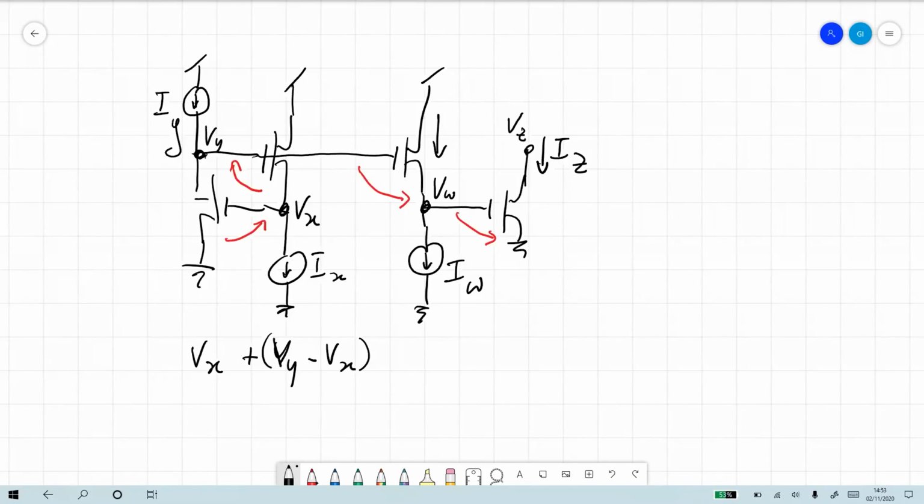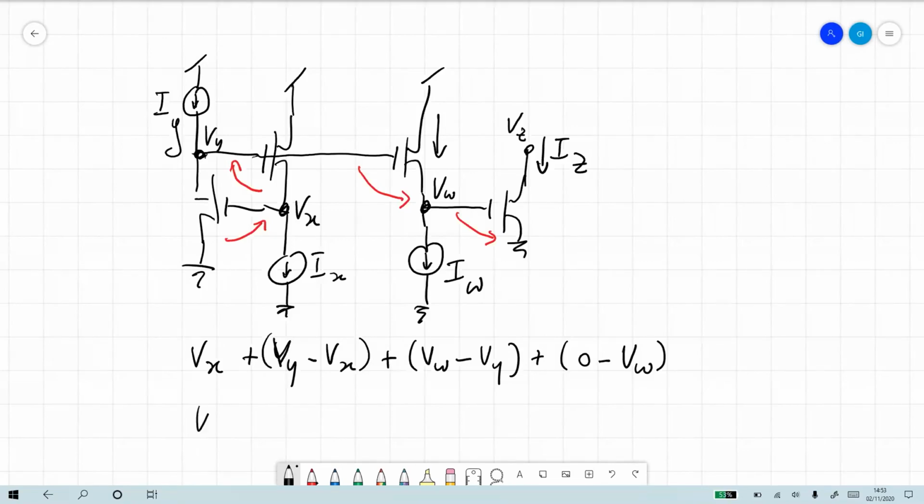It's going down, but I'm still following the same, so it's a plus. Plus Vw minus Vy, and then plus ground minus Vw. If I follow the arrows, the third VGS is actually minus VGS, and the other one is minus VGS.